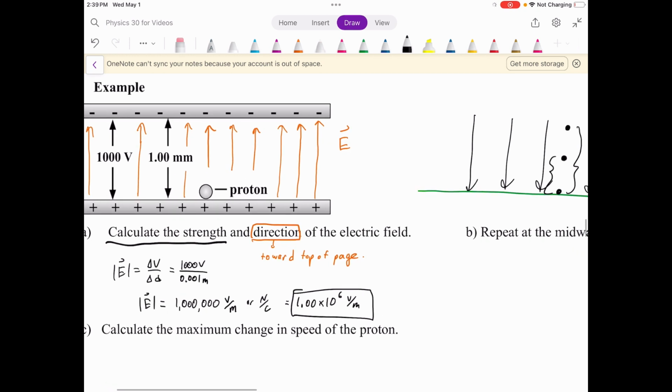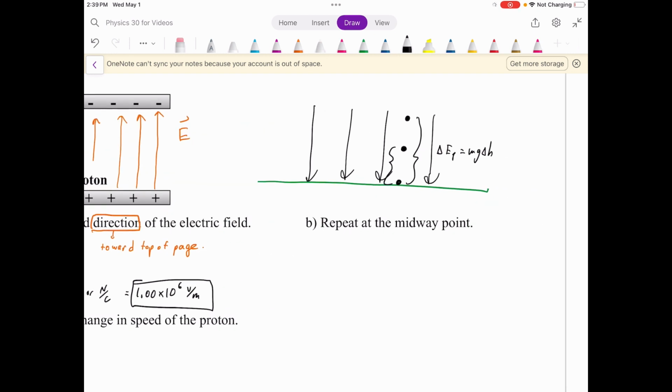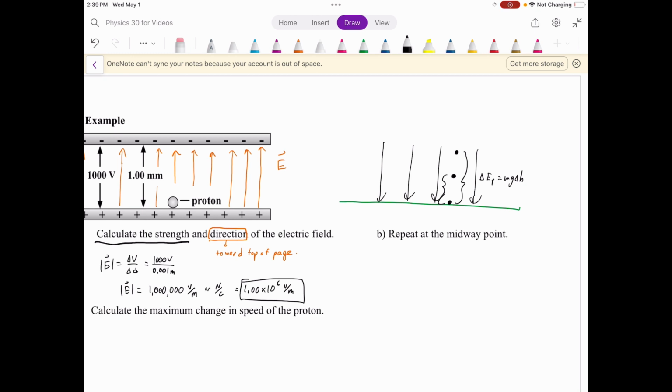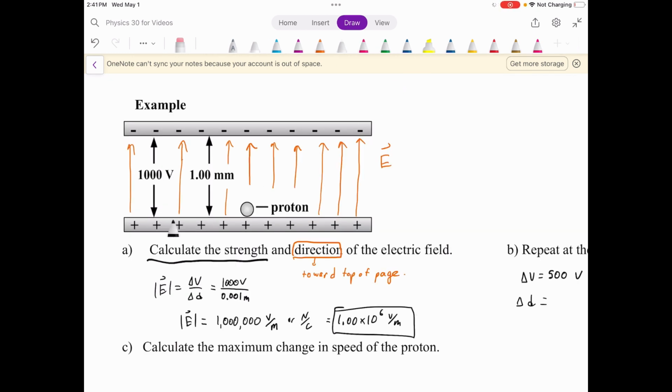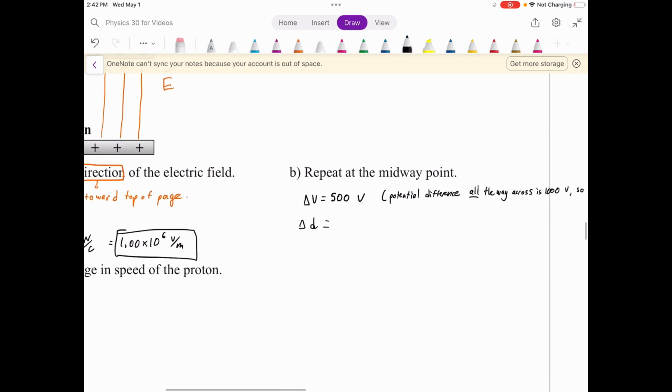In other words, the voltage at the halfway point is going to be 500 volts instead of 1,000 volts. Half the distance means half the change in potential energy happening.